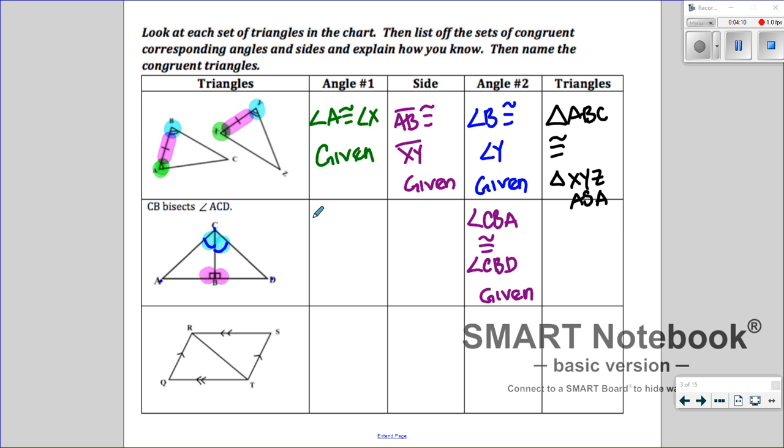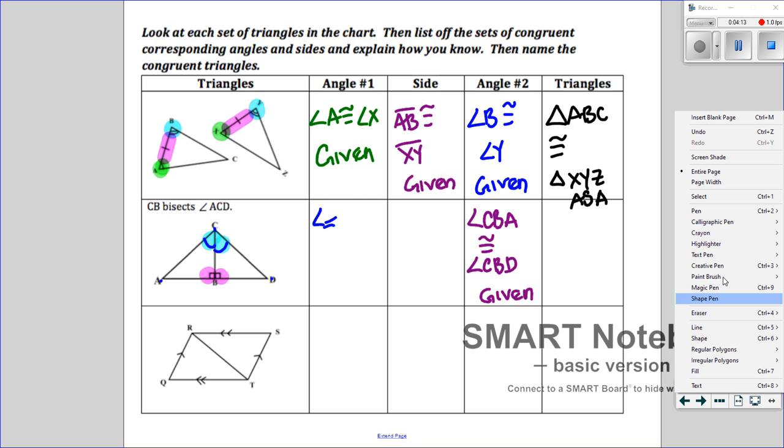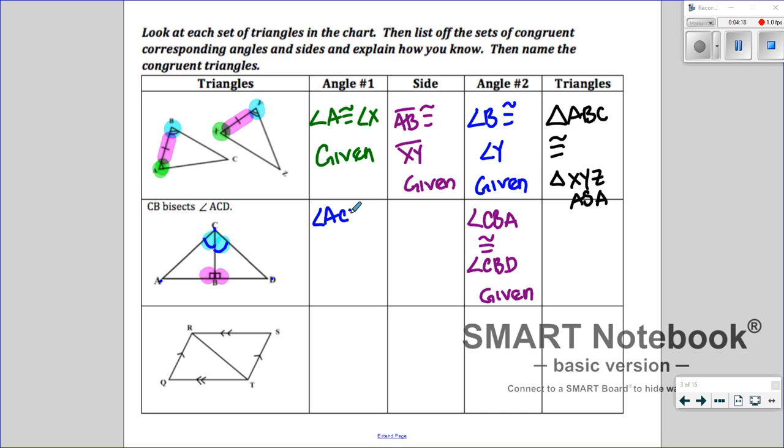So angle ACB is congruent to angle DCB, and this is the definition of angle bisector, because it says that CB was the angle bisector. It bisects that whole angle into two congruent angles. This is the definition of angle bisector that makes these two congruent to each other.